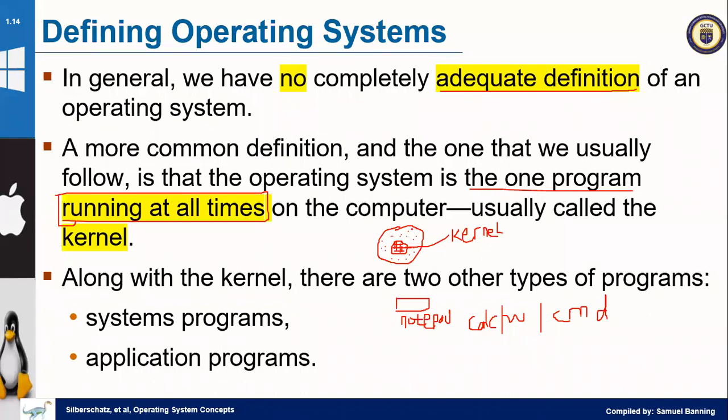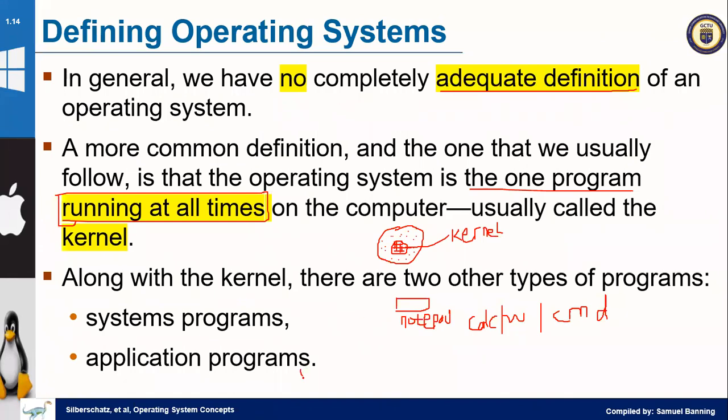They are only shipped with the kernel to make the user feel a little more convenient. Like you want to type something, you can use the notepad. Like you want to execute commands, you can use the command prompt. Like you want to compute some numbers, you can use the calculator. These are there to make the operating system a little more complete. But the core part of the operating system is what we call the kernel.